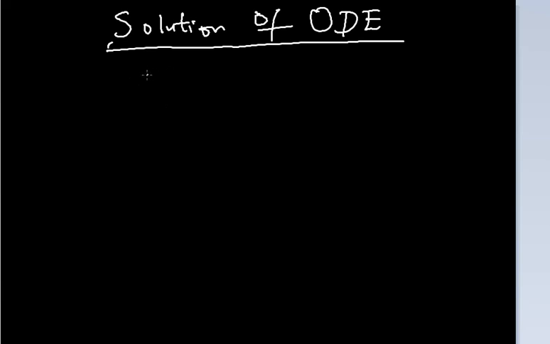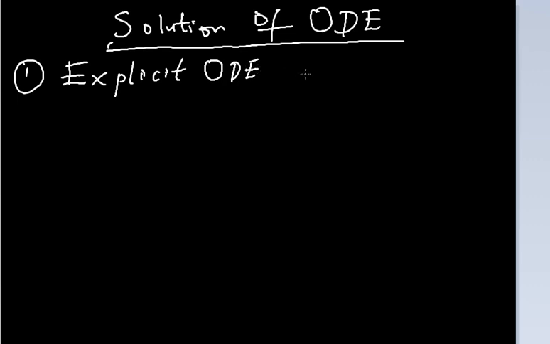An explicit ODE is an ODE whose variables are separable.